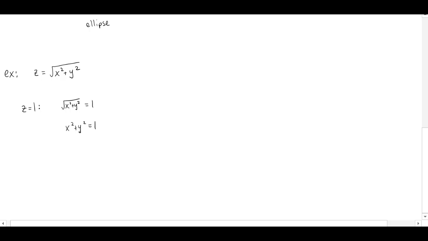So that gives us a circle of radius 1, and that's going to be at a height of z equals 1. Okay, so we kind of have something similar to start with. At that level curve, a circle of radius 1, at the level or height, z equals 1.